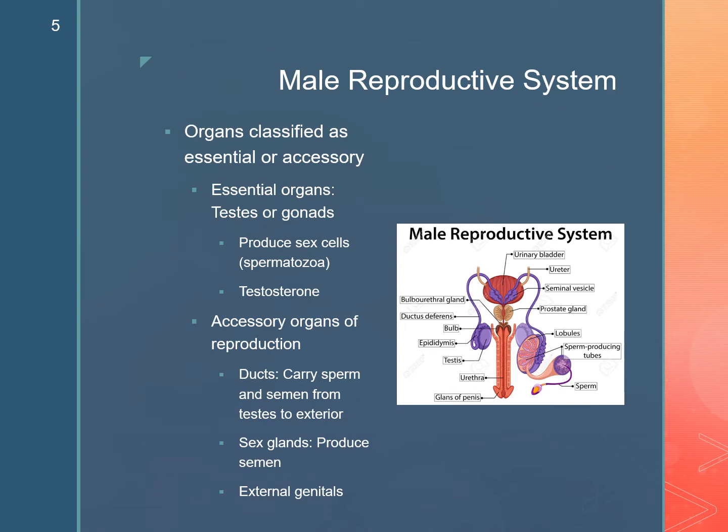The accessory organs of reproduction are the ducts that carry the sperm and semen from the testes to the outside world, and the sex glands that produce semen, and lastly, the external genitalia. And in the urinary chapter, we talked about how the male urethra has a dual function. It functions both as a pathway to carry urine and as a pathway to carry semen. So we're going to look at each of these organs in detail.